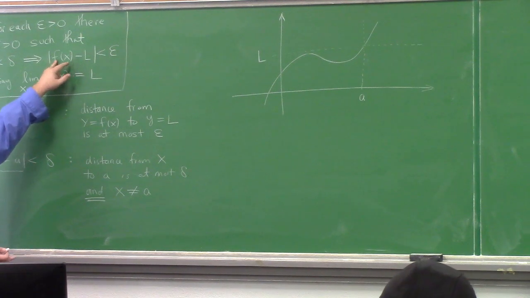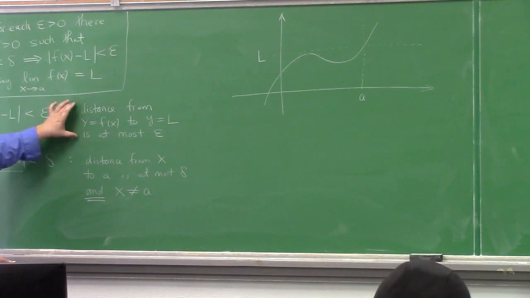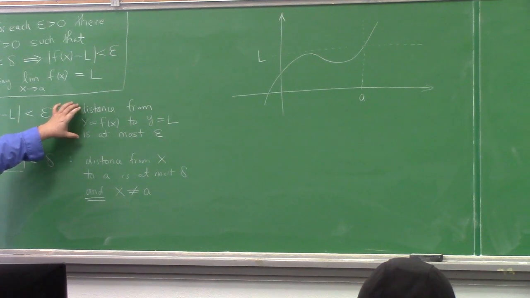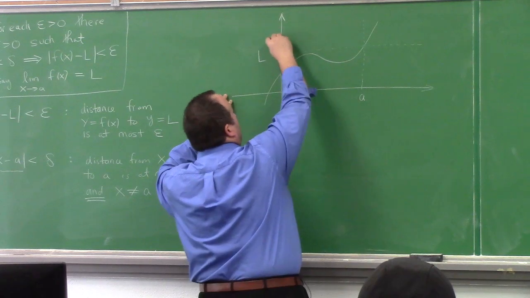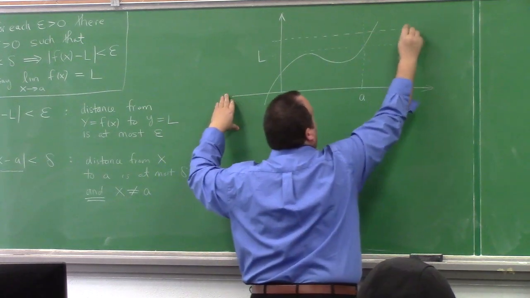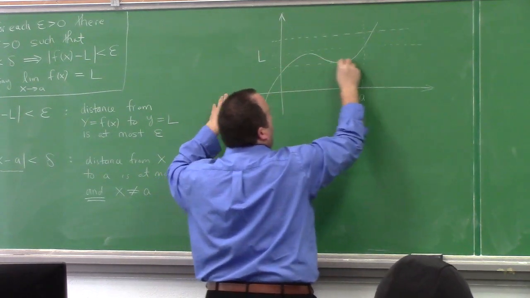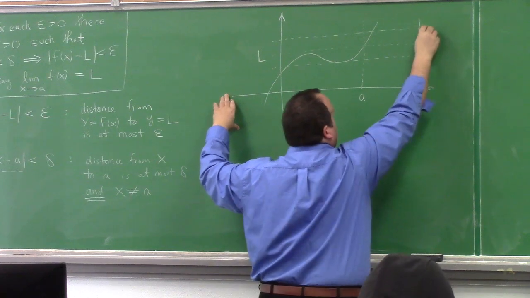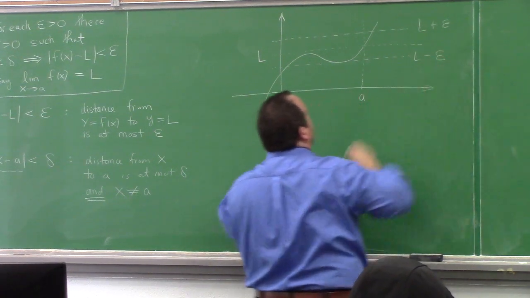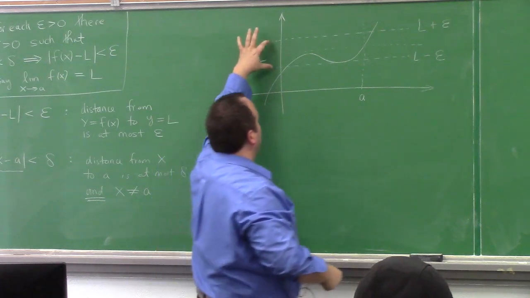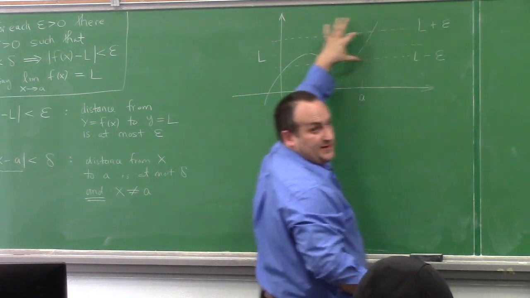What does that look like geometrically when you say the distance from y equals f(x) to y equals L is at most epsilon? Well, that means you're within this horizontal band, like this. So here's L plus epsilon, L minus epsilon. So we're focusing our attention on this horizontal band.